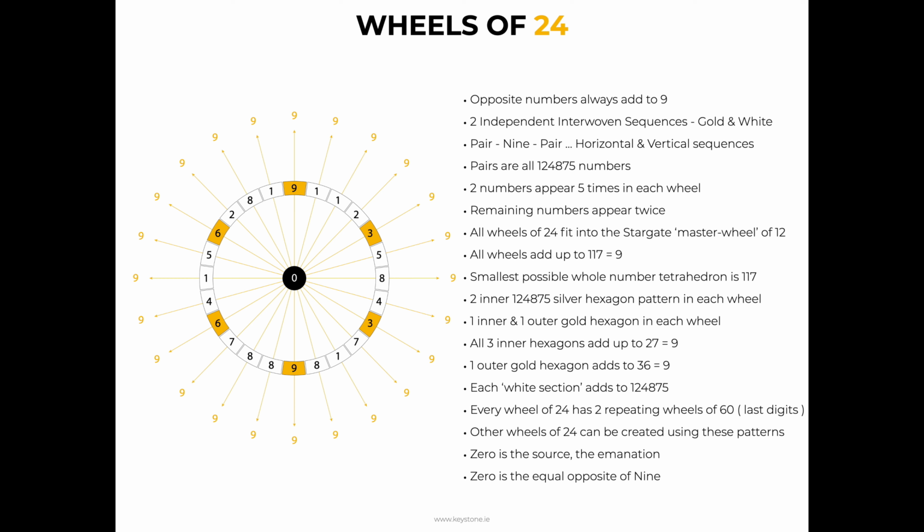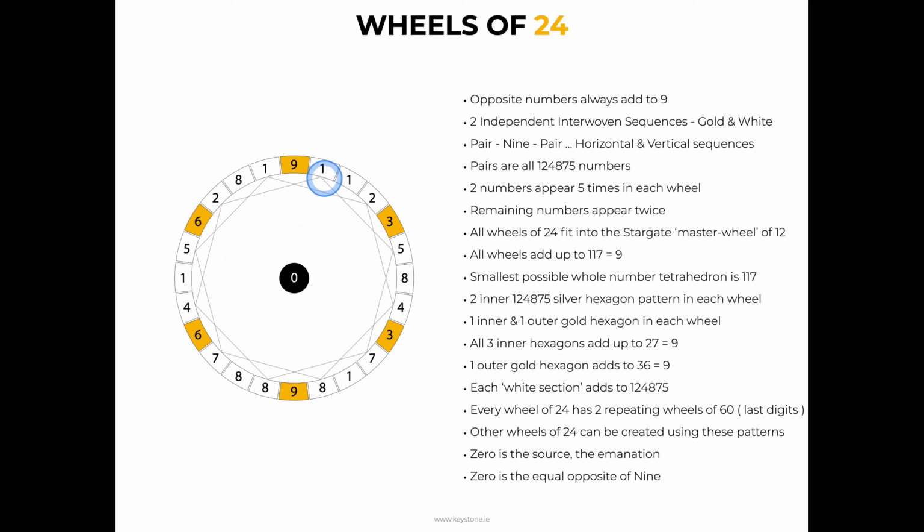Now, the wheels of 24, let's do a quick summary. The opposite numbers always add to 9. Two independent interwoven sequences: we've got the gold numbers and we've got the white numbers. Earlier I showed you the two hexagons, 1, 2, 4, 8, 7, 5, and then its equal opposite, 1, 2, 4, 8, 7, 5.